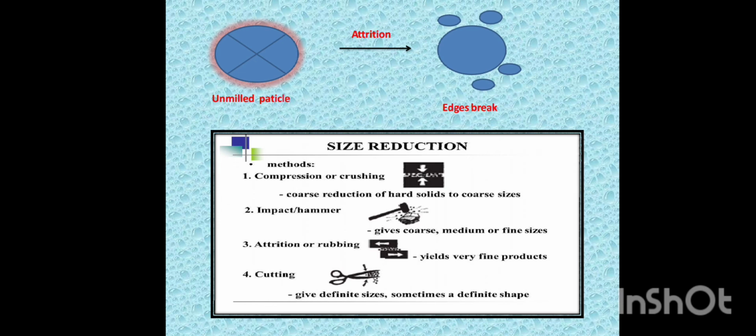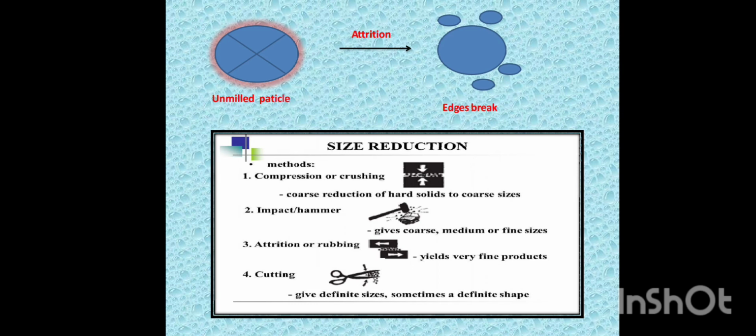And next is impact. In impact, the flaw length increases into a crack, and again the crack length increases into smaller pieces or cleavage of the particle, and this type of mechanism is used in a mill called the hammer mill.